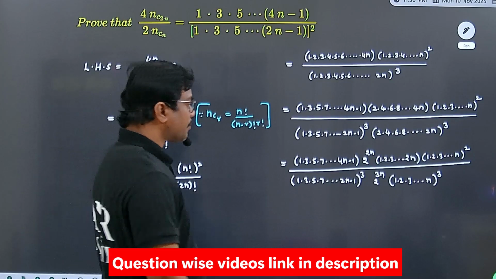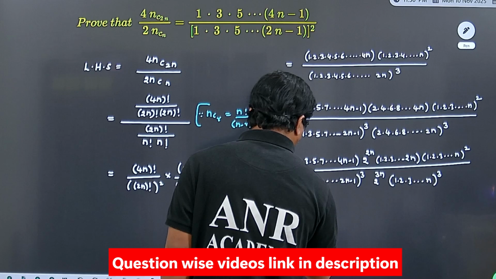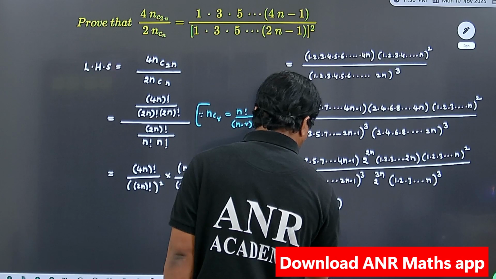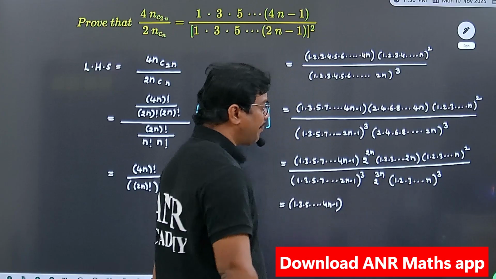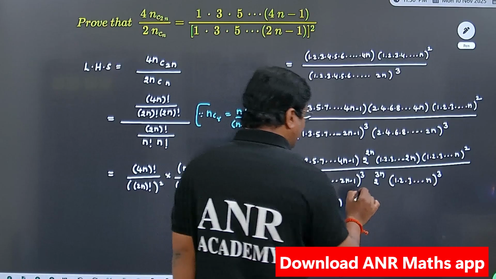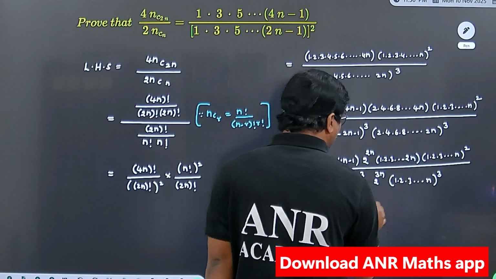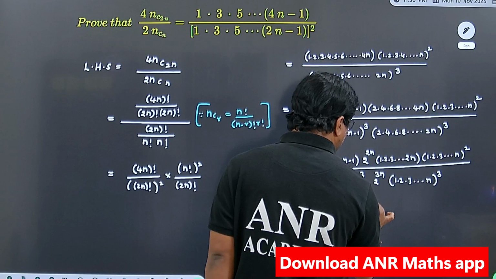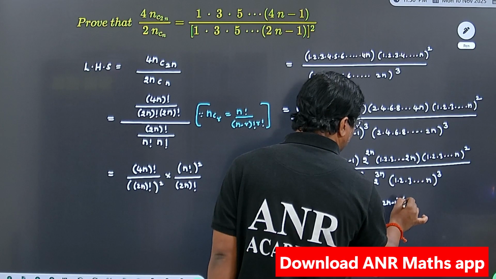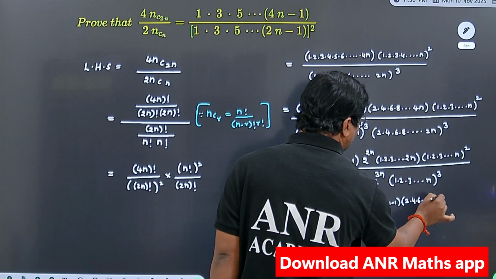Now in the next step I can write 1, 3, 5, 7 and so on 4n minus 1. Next, here 1 to 2n you have 2 power 2n as it is. 1 to 2n is written as 1, 3 and so on 2n minus 1 separately, and even numbers 2, 4, 6 and so on 2n separately.